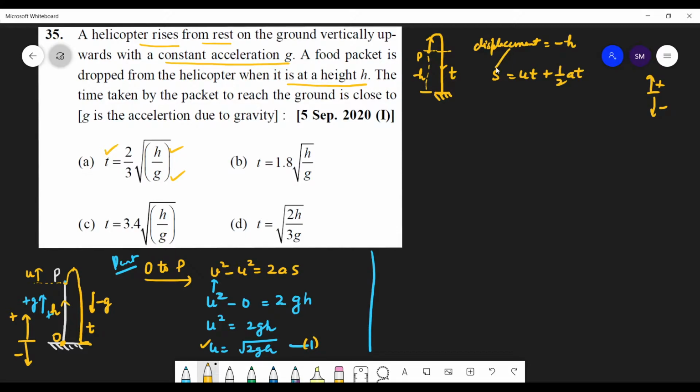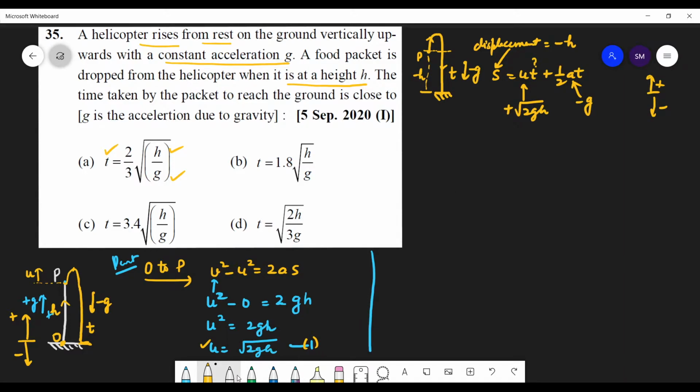Now one by one, displacement is your minus h. u is given. u is under the root 2gh, and this also is in the upward direction, positive. Time we have to find out. What is acceleration a? So acceleration a here is downward, that is minus g.